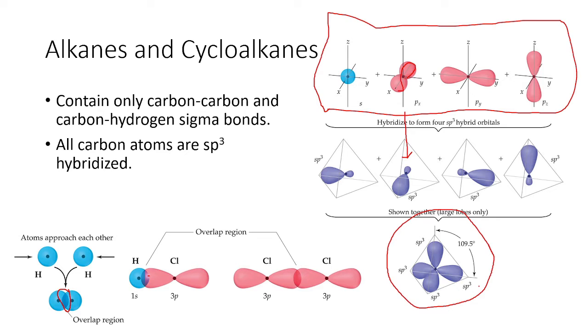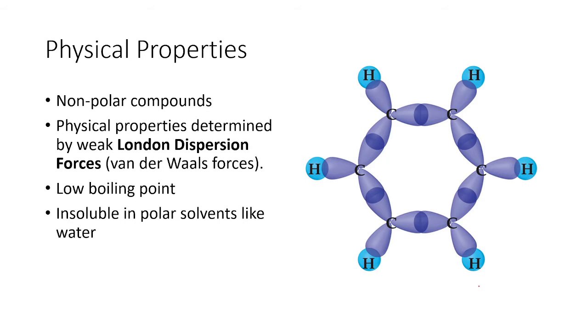Also, for alkanes and cycloalkanes, here are some of the physical properties of alkanes and cycloalkanes. So these are non-polar compounds. So bakit sila non-polar? Due to being strictly carbon and hydrogen on single bonds, you may expect that, ayun, walang site for partial charges.